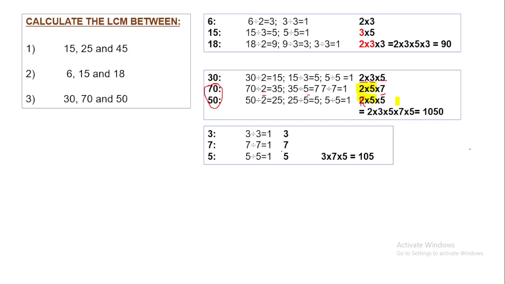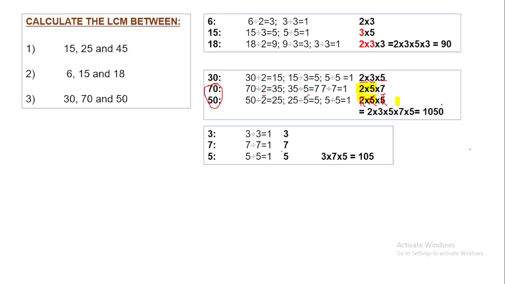Here we've got 5, so we can cross 1 five out, and then the last digits. Again, we've got another 5, so we cross another 5 out. So we're left with 2 times 3 times 2 repeated 3 times on this one, and then times 5 times 7 times 5. So we've got the following: 1050.